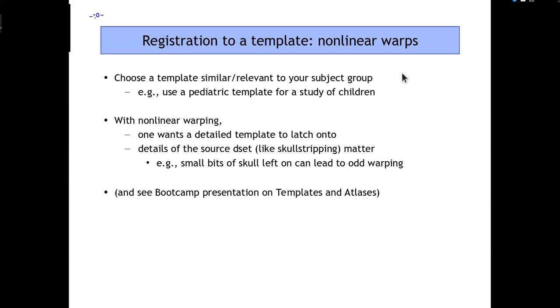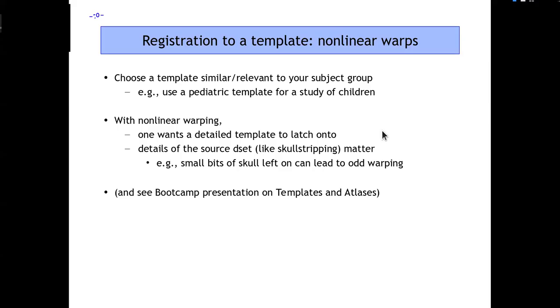And it's good to use something that is going to be as close as possible for your data, so the least amount of warping that you need to incur, or the best amount of alignment with the most detail. You also want to use something that's not a blurry template. Sometimes I see, even nowadays, these oddly blurry templates without very good tissue contrast between gray and white.